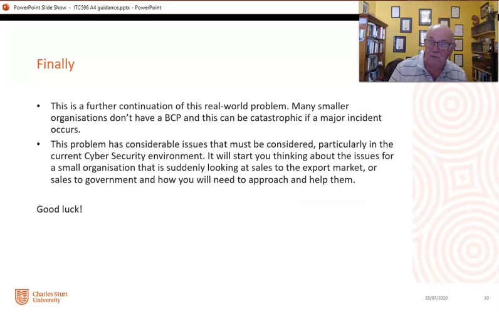So this is that further continuation of our very real-world problem. Many smaller organisations don't have any sort of BCP planning in place, and this can be catastrophic if they have a major incident. So this again raises loads of issues that we've got to consider, particularly in the current environment.